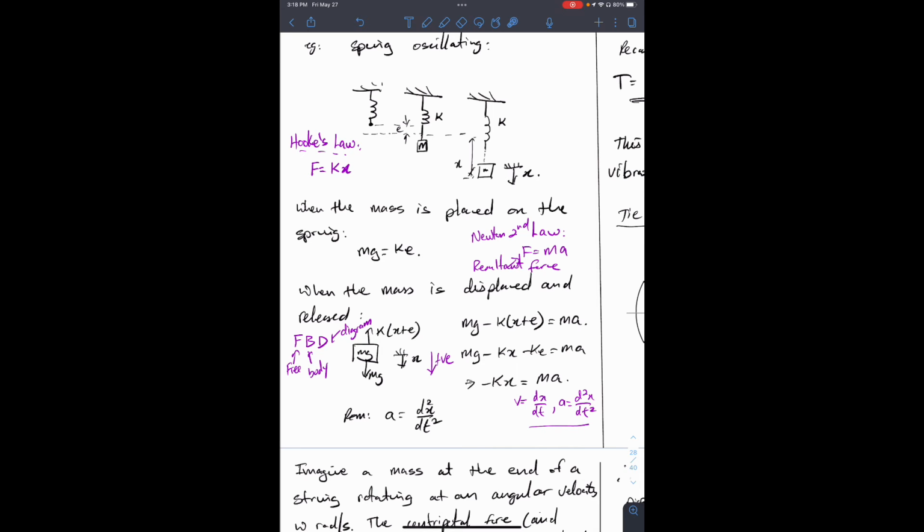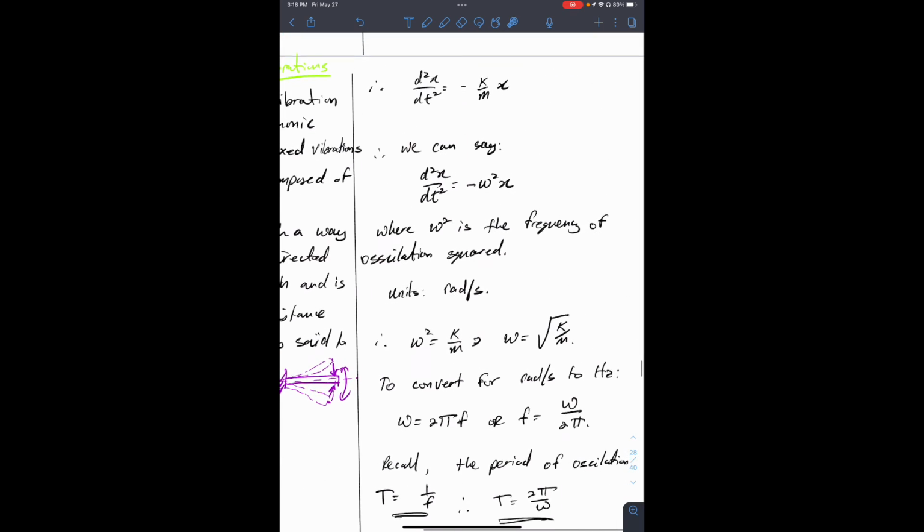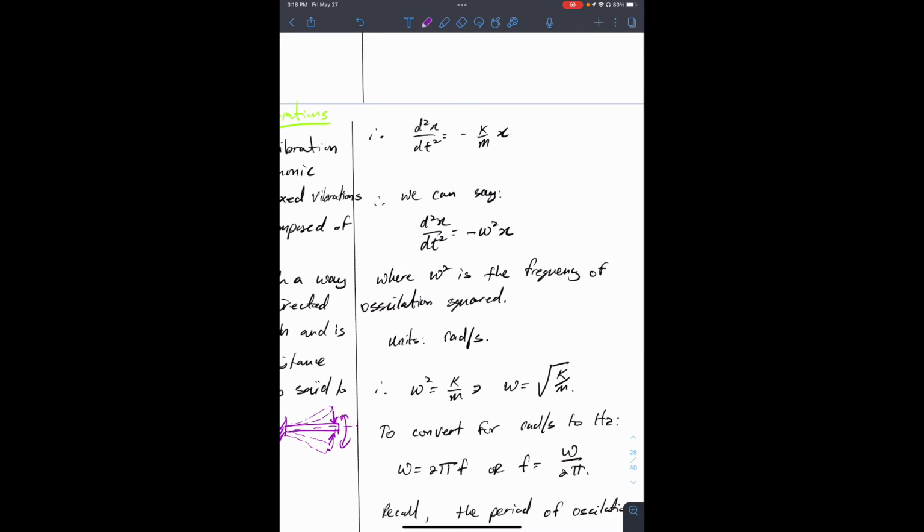So a is equal to d2x/dt squared. Going up here now, I just recall what we had downstairs: ma is equal to minus kx, and we say m d2x/dt squared is equal to minus kx. Then we could just bring the m across, so we have d2x/dt squared equal to that.